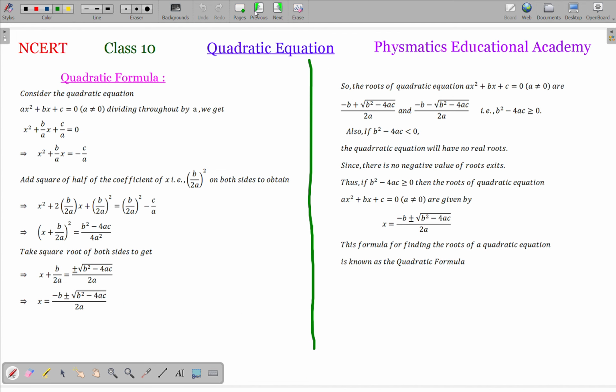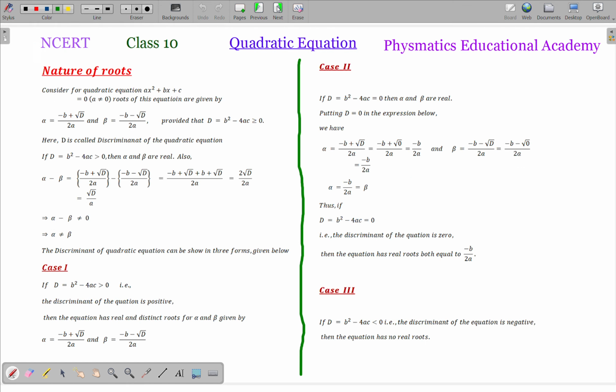This is the plus of root D and this is the minus of root D, just like we have the plus and minus sides of the quadratic formula. In the same way, instead of b square minus 4ac, we write D as a representation, and the roots are represented in the form of alpha and beta. Now here D is called the discriminant of the quadratic equation.